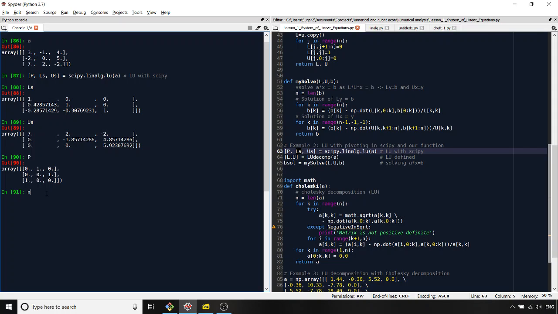So let's see. np.dot means matrix multiplication, and let's try to multiply lower and upper triangular matrices, and if there was no pivoting, it should give us the matrix A. But as you can see, the order of rows of this original matrix is changed, as suggested here.